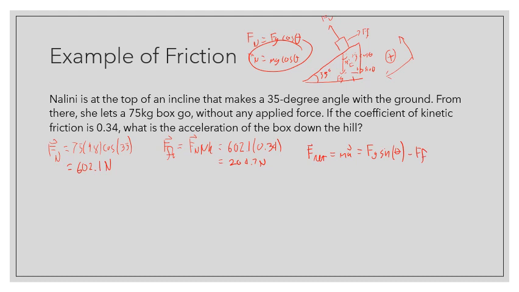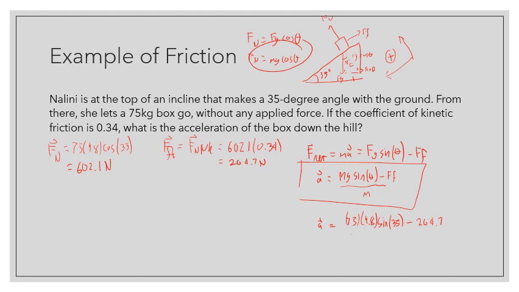So that means the acceleration is equal to mg sine of theta minus Ff, all over m. So now we just plug these numbers in. So acceleration is equal to 75 times 9.8 sine of 35 minus 204.7, all of this divided by 75.